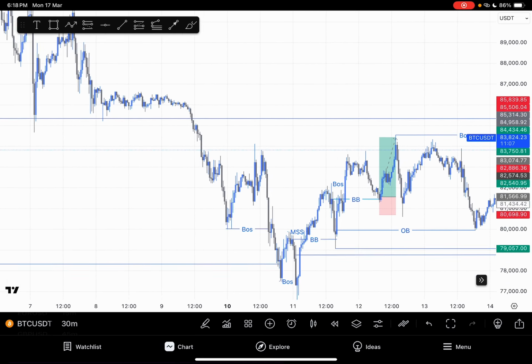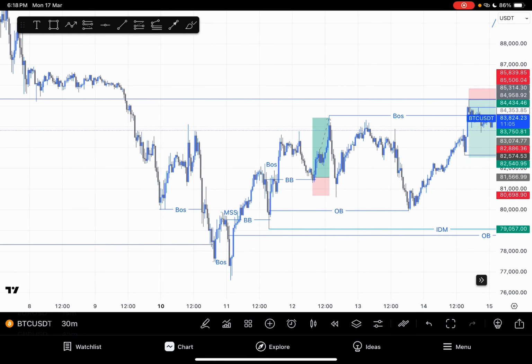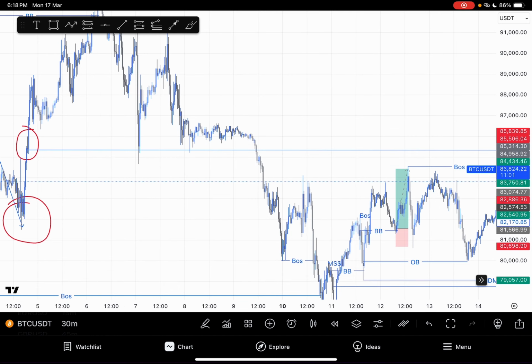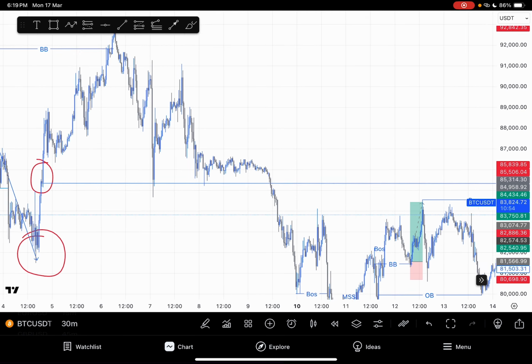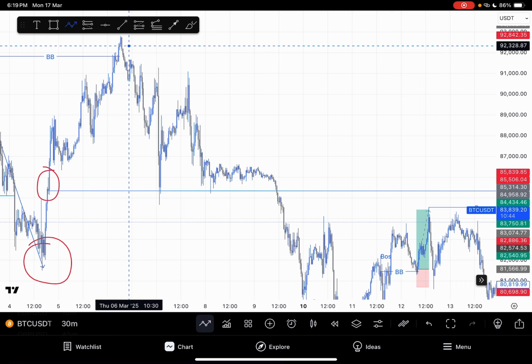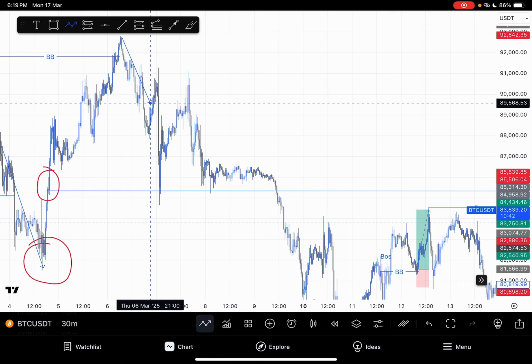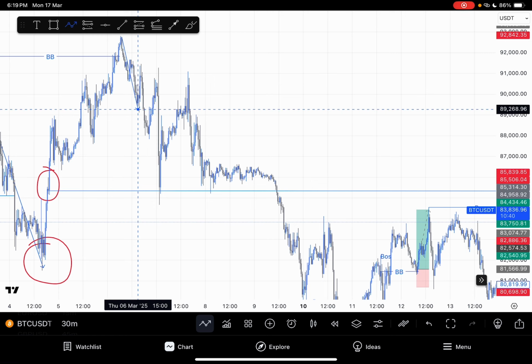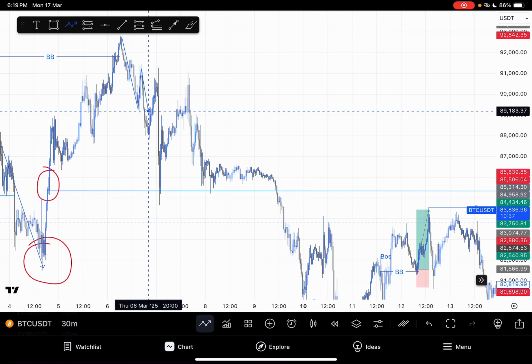So now when I opened the chart, first thing I saw after that, like what I said before, there are break of structures on multiple time frames, different patterns. So you always have to look for break of structures, or you look for where price did the market structure shift, just like that. So from here now, before price did that break of structure, you see price was moving in a downtrend.